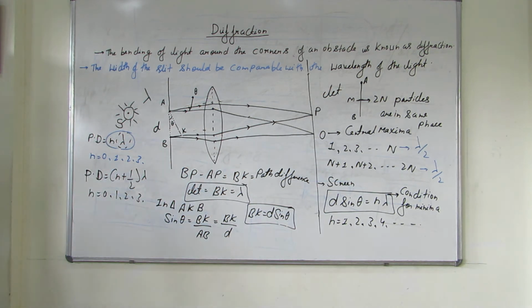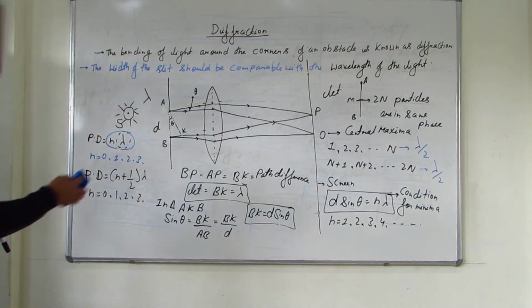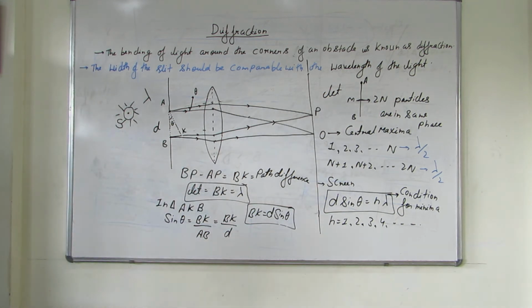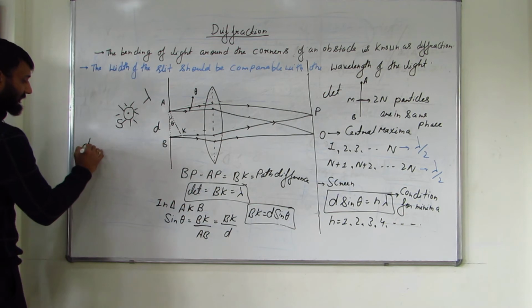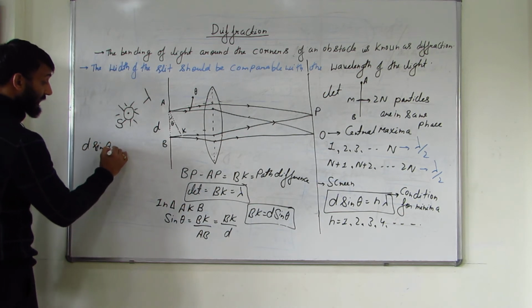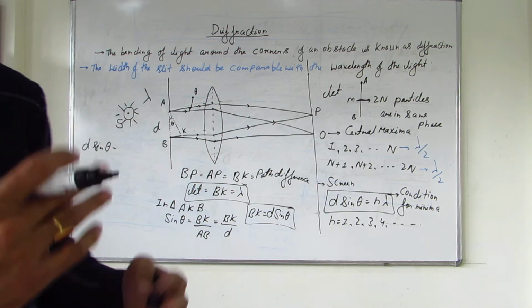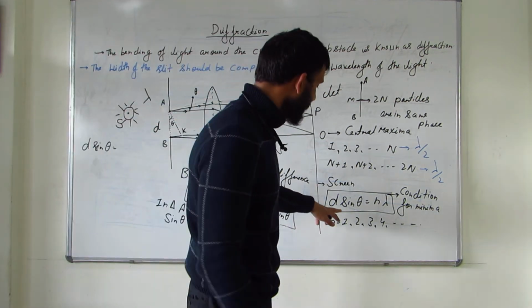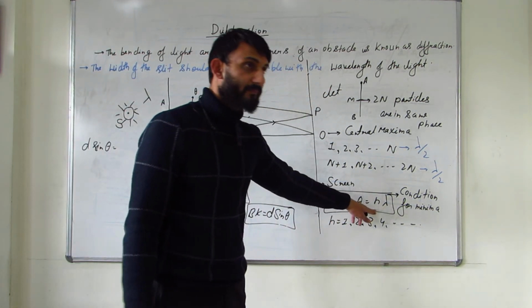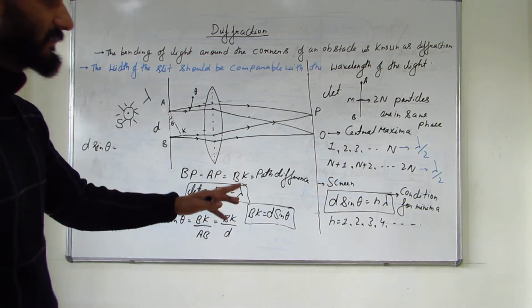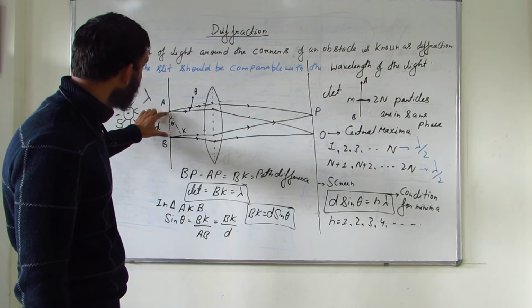Similarly, if we try to formulate the condition for maxima, what will it be? It's very easy for you to understand now that path difference d sine theta will reverse, basically. In case of interference and diffraction, it will reverse. In interference, this was the bright point and n plus half lambda was the dark point, but it will reverse in this case since we are dividing this into two parts.